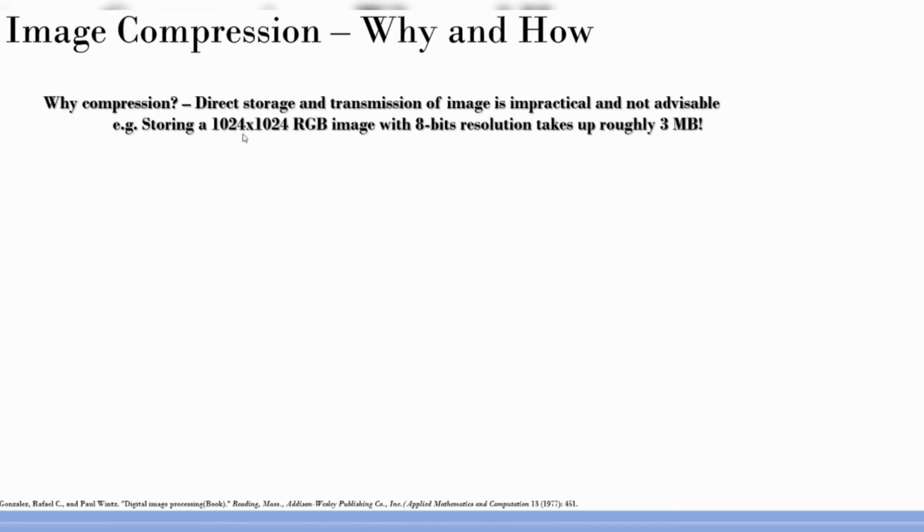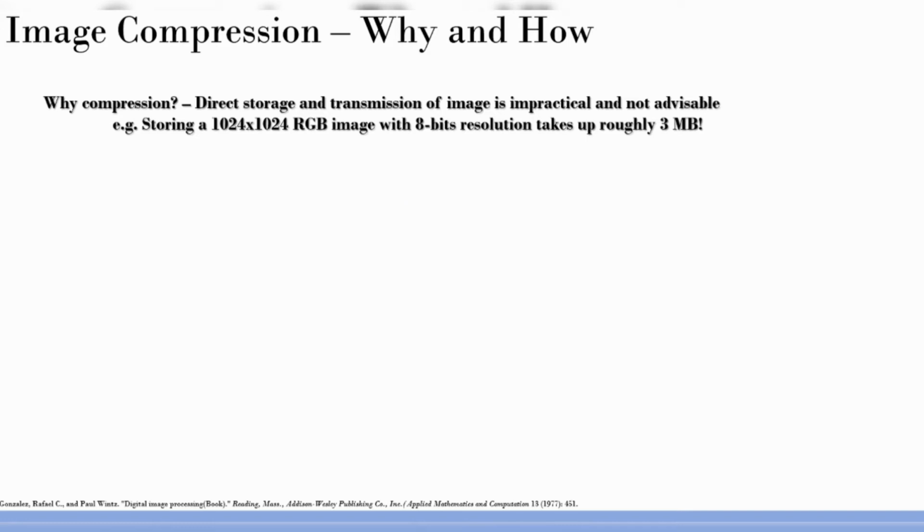It will be 1024 into 1024 into 8 bits into 3 channels. That is the total number of bits, and when you convert to bytes, you get roughly 3 MB of space. So if you don't do any image compression, an image with really moderate resolution will take up almost 3 MB of space.